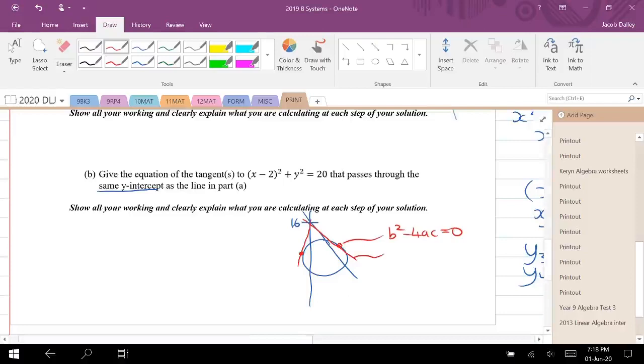So we just want to think about what do we know about these lines. We know the y-intercept. So we can fill in everything else in the line equation. So y equals mx plus 16, we don't know the gradient for these two lines, that's what we're going to figure out.